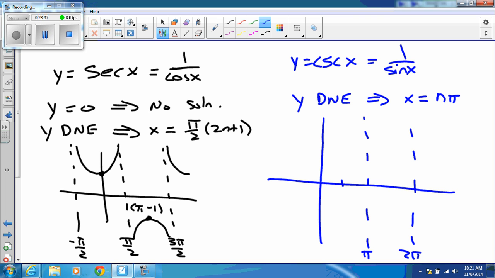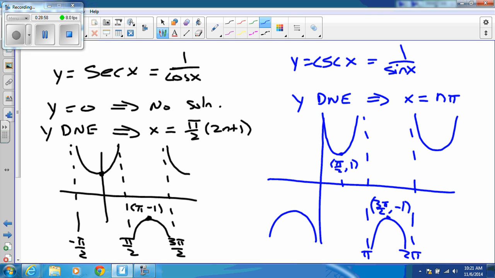And right at pi over 2, we have our smallest value, which is 1. And in quadrants 1 and 2, we're going to be positive. Right at 3 pi over 2, we have our largest value here, which is -1. And on that side, like so. And the graph continues. So horseshoes again.